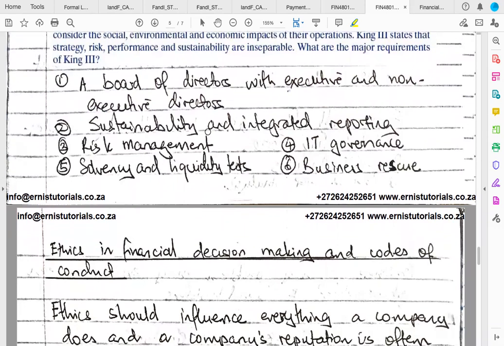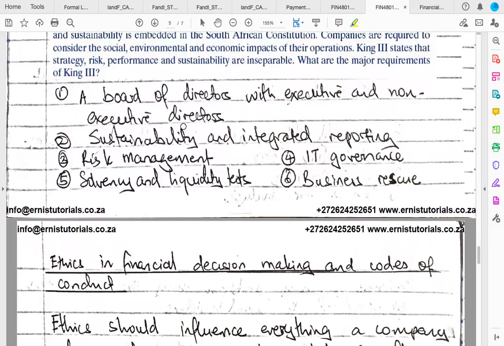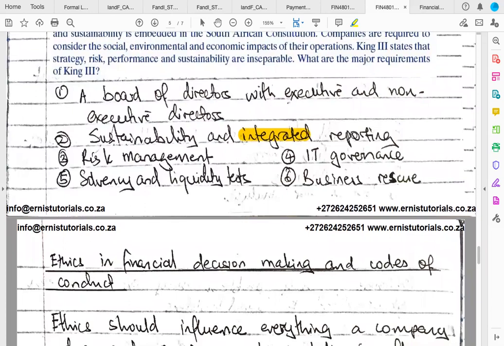This means that a company shouldn't just report on its financial profits, but rather the company should also report on how it is aiming for sustainability, and sustainability and environmental aspects and social aspects should be combined together with the financial reports to provide integrated reporting.